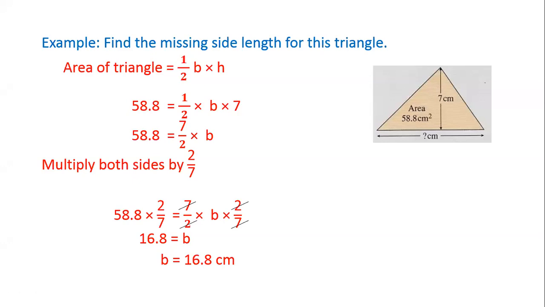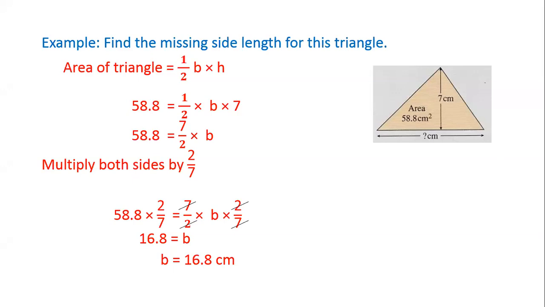Jasser, can you read and explain? Example: find the missing side of this triangle. The area of a triangle is half multiply base multiply height.